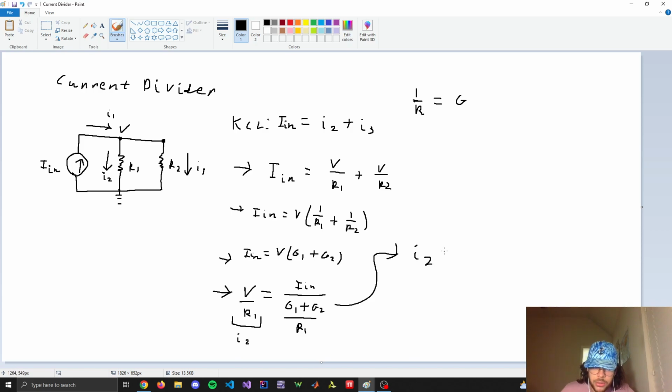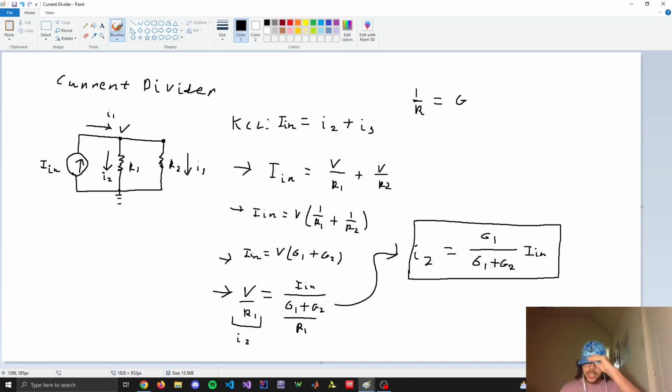So I2 is going to be equal to, since I'm dividing this by R1, which means I'm multiplying by G1, G1 over G1 plus G2 times the input current. And this is the general equation for a current divider using the fact that G is 1 over R. It's very similar to the voltage divider, except we're working with conductances.